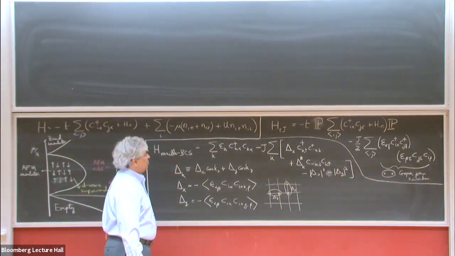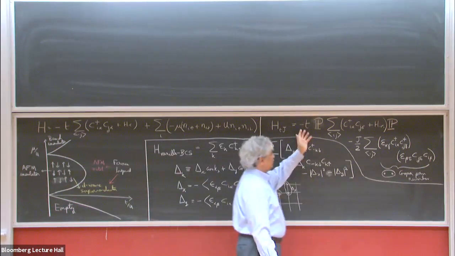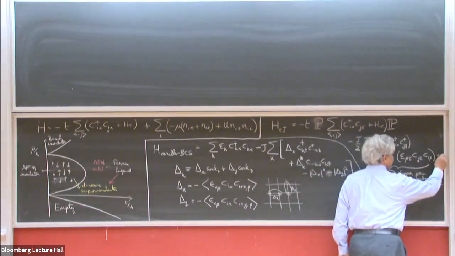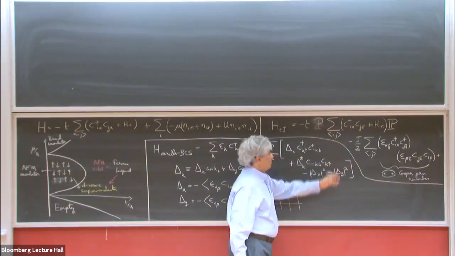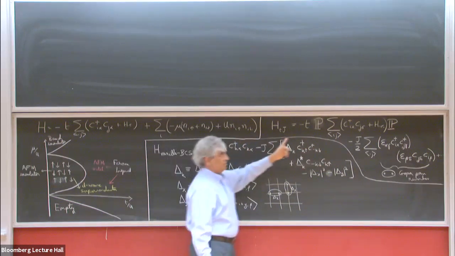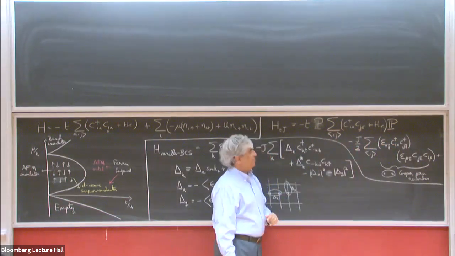So what we argued is that as long as you're at large U, then you can map the system onto a TJ model. And there's various other terms that I haven't written here. So there's the same hopping term that you had in the Hubbard model with this extra projection operator. So this is, of course, part of the difficulty of the problem.